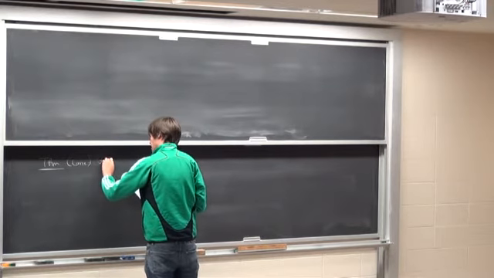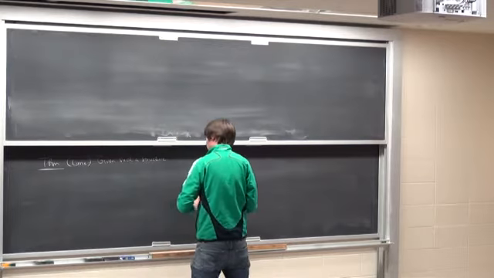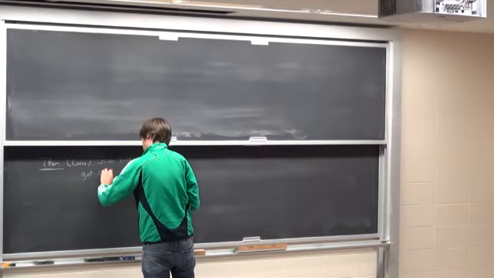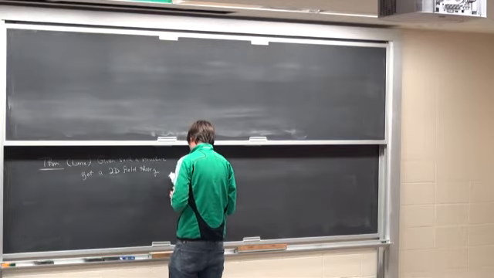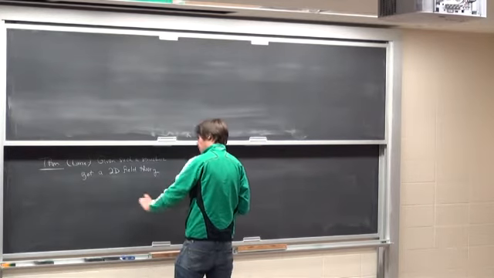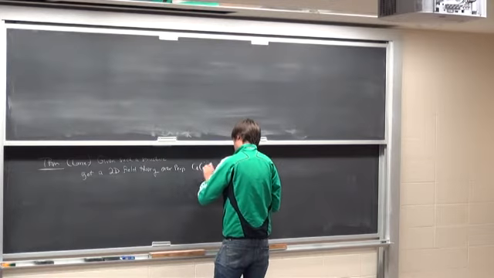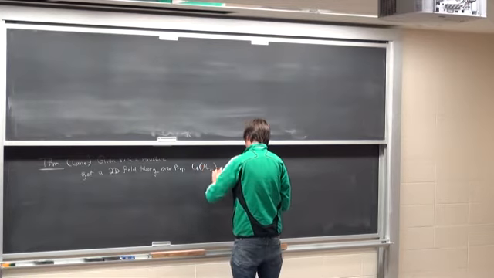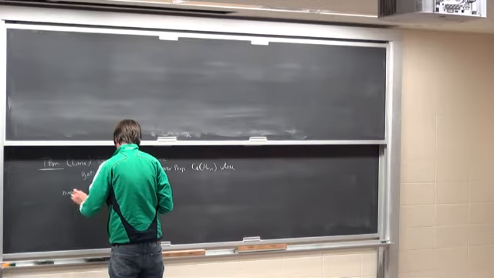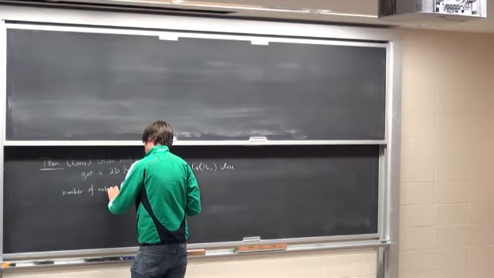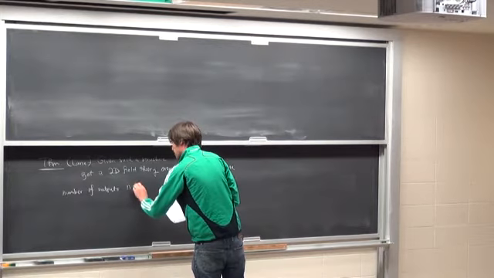Given such a structure, we get a 2D field theory, but we require, over the prop, that the number of outputs, n, is bigger than 0. So you can't close up your surfaces.